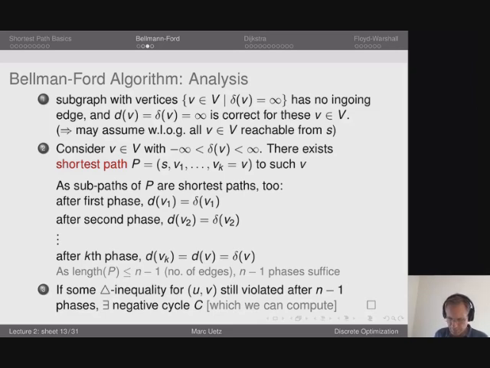There will be a violated triangle inequality, and the claim that I make is as follows. If some triangle inequality is still violated after n minus 1 phases, then indeed we will have a negative length cycle, and we can also compute that negative length cycle. So let us see how this works.